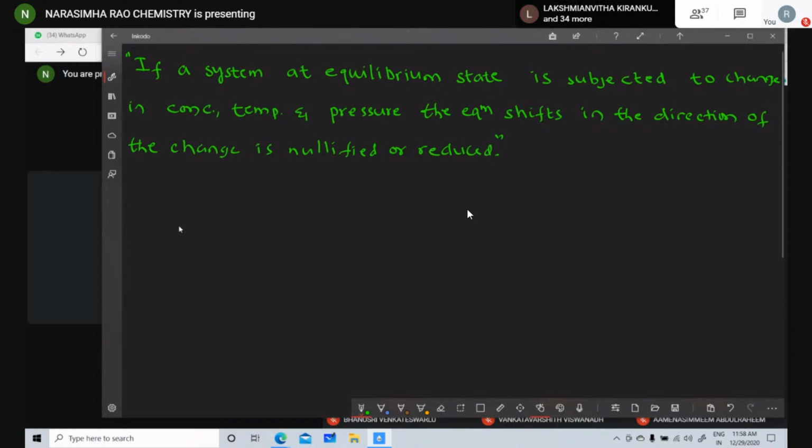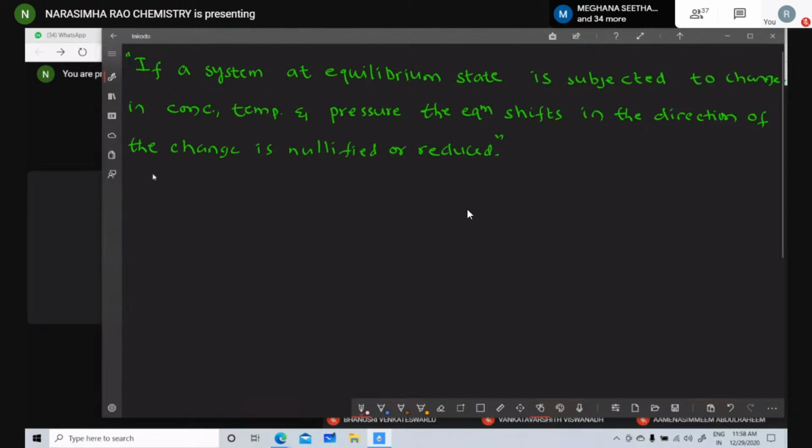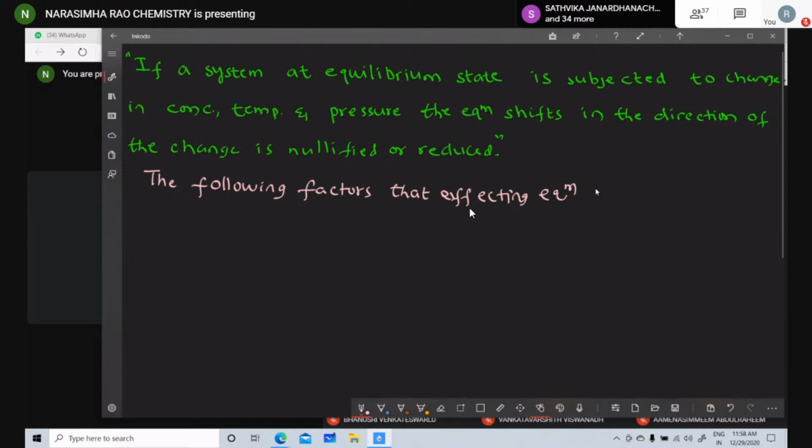For the example I am taking, children, the following factors are affecting the equilibrium state, right?